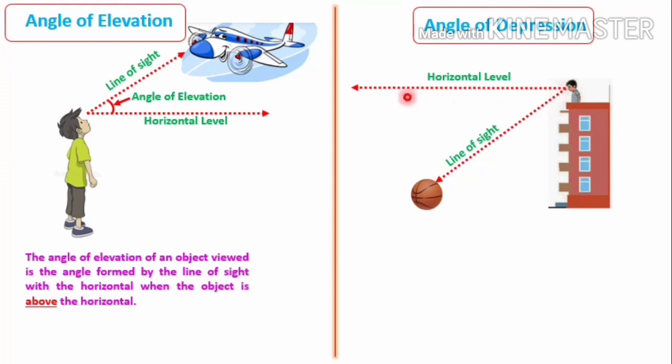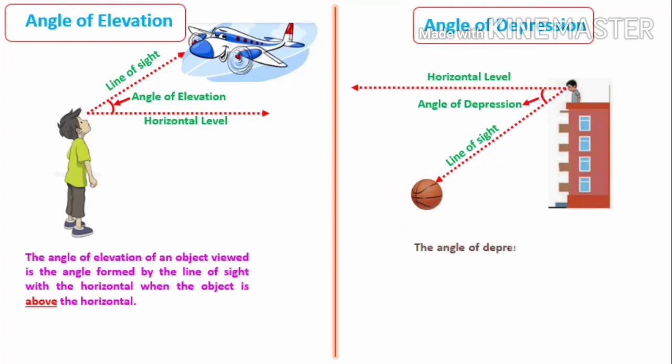Horizontal level, we know that it is a line parallel to the ground and passing through the eye of the observer. And here also the definition is the same: the angle between the horizontal level and the line of sight, provided the object is below the head or below the eye level, or simply, below the horizontal level.